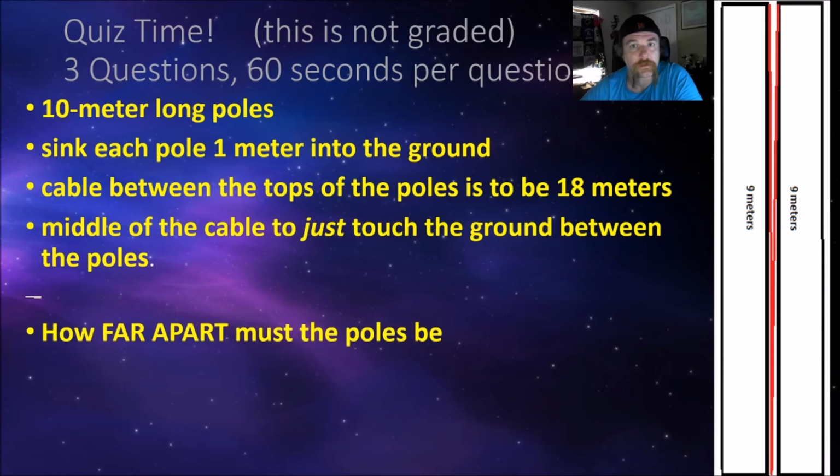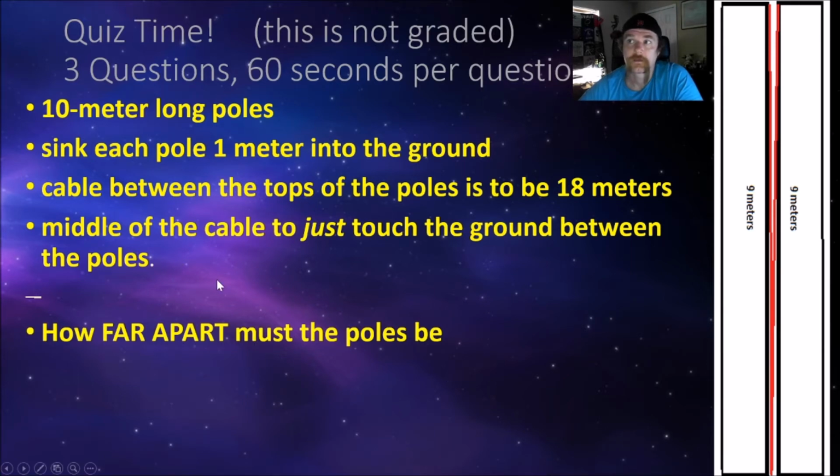In order for this cable to touch the ground, they need to be right next to each other. It's kind of a stupid question, but the key is to see if you guys can figure out which pieces of information you needed. And that's going to be definitely something you need to be able to do this year in astronomy.